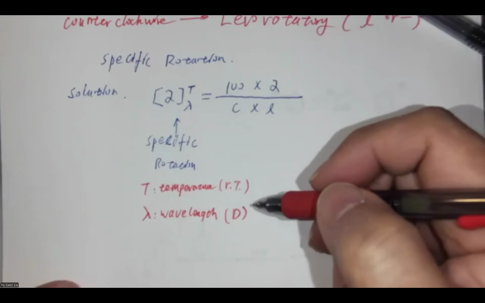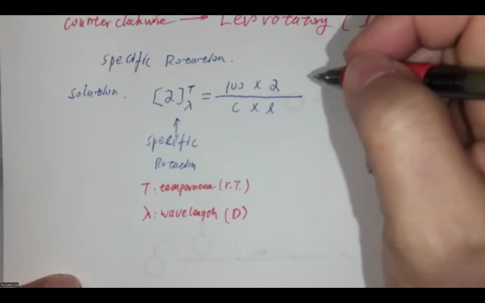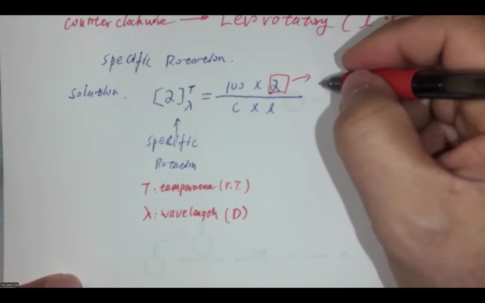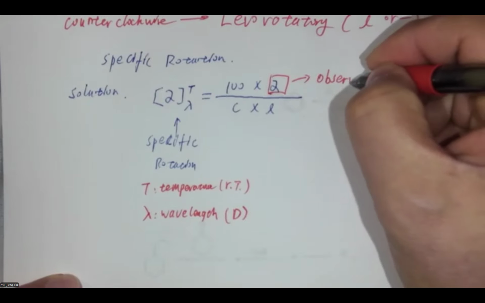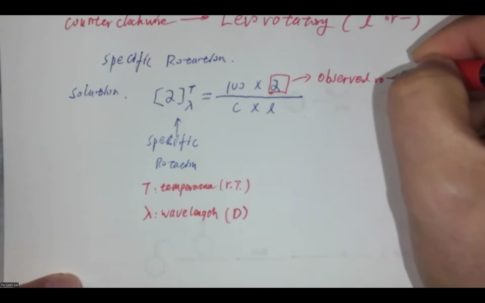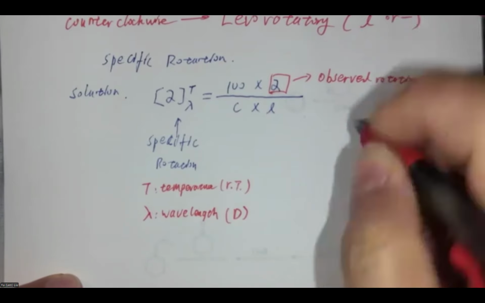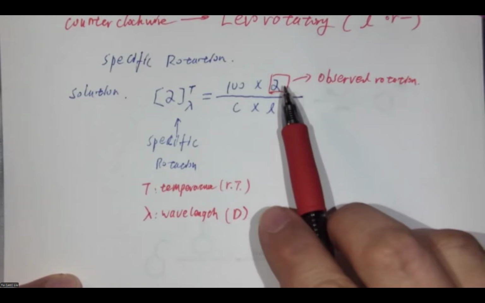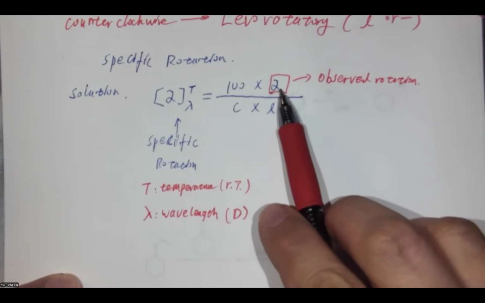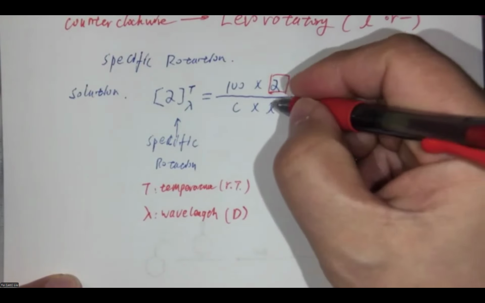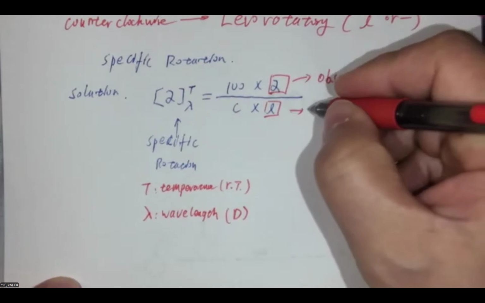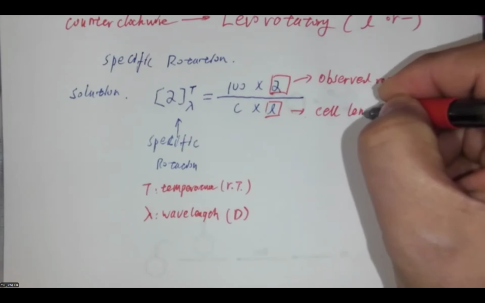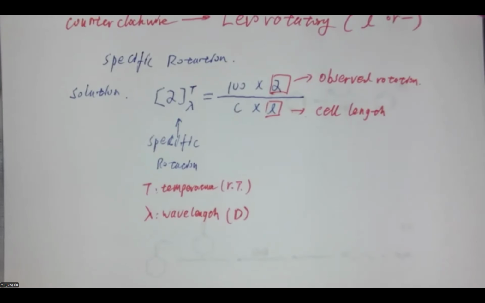All right, and more important here, this alpha is the observed rotation. That's actually measured by a polarimeter, which gives us the reading here. And this L is the cell length, the sample cell.